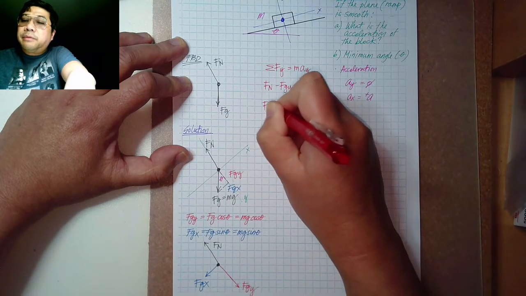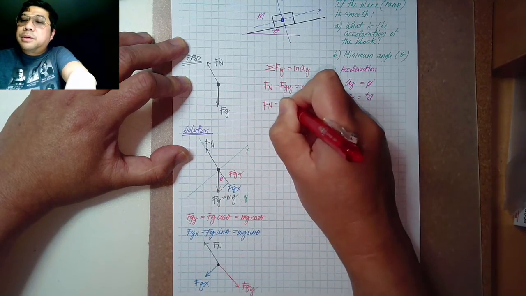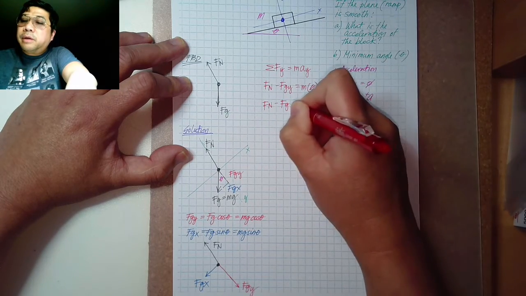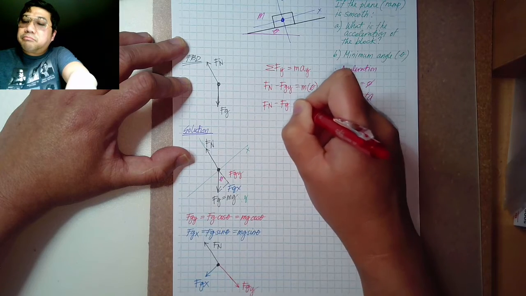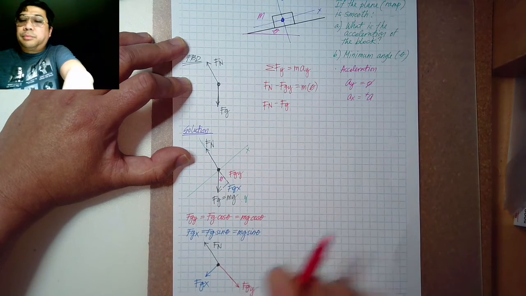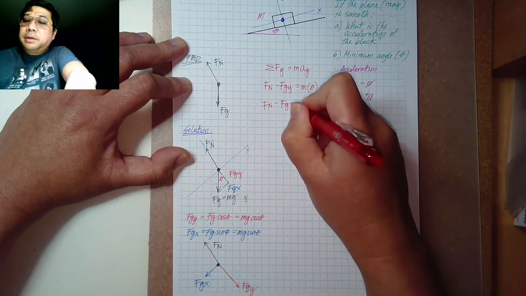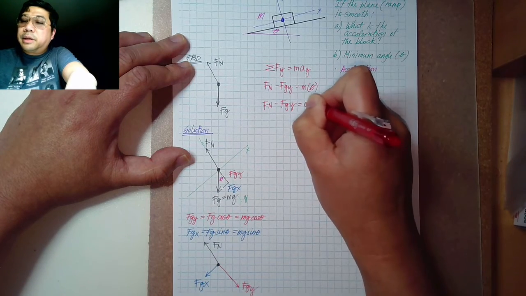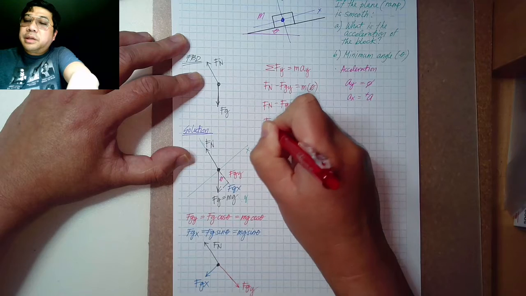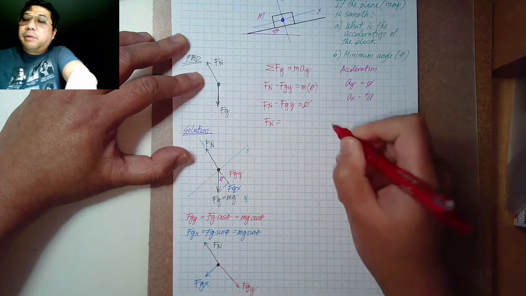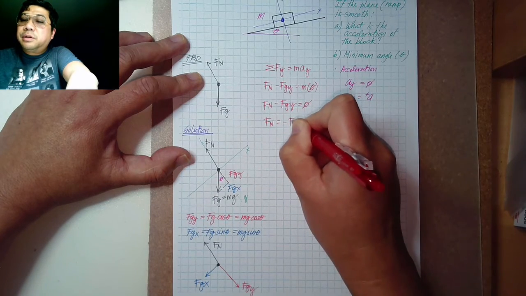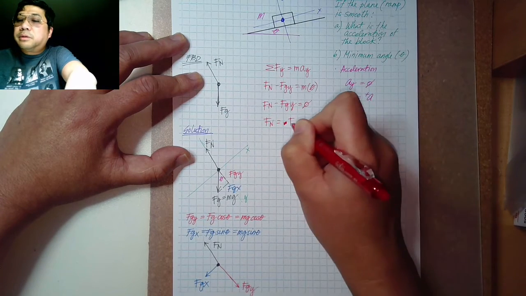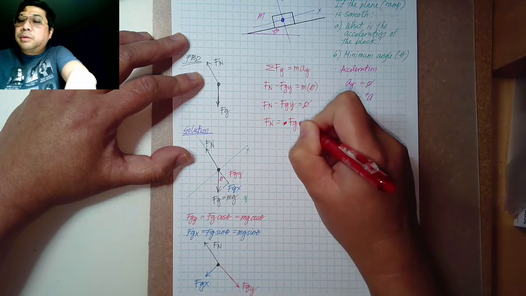Now Fn minus Fgy equals 0, where Fgy is from the cosine function. Now we can say that Fn is simply equivalent to Fgy, since it moves to the other side of the equation, so it changes into positive.